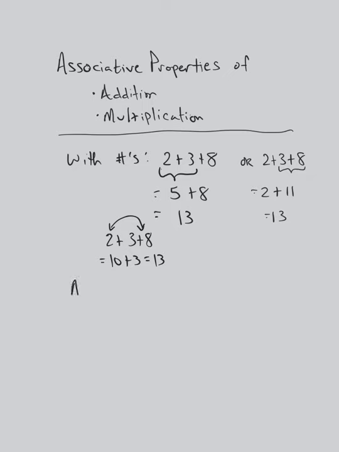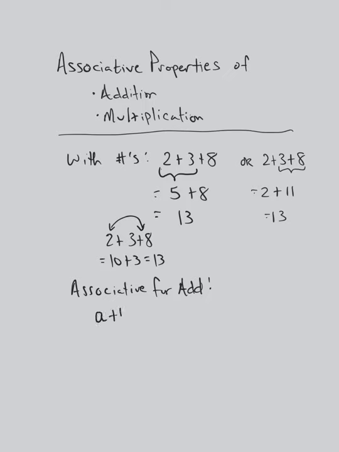So what the associative property for addition says, I'll just write "add" here, but if you're taking notes, I'd say addition. Now remember, one use of variables is to illustrate general properties, and this is a general property, so I'm going to use variables.